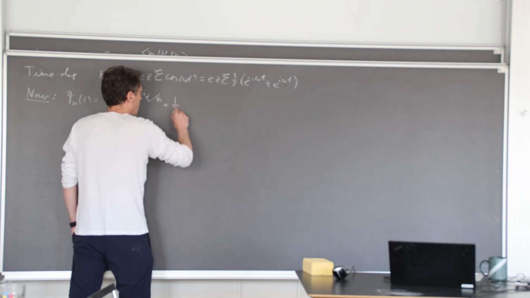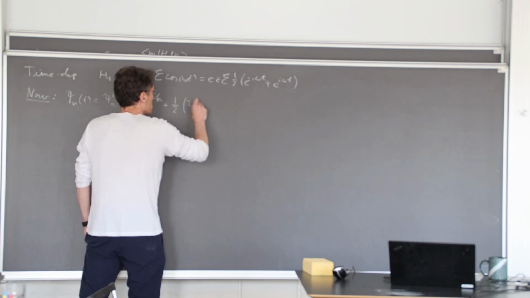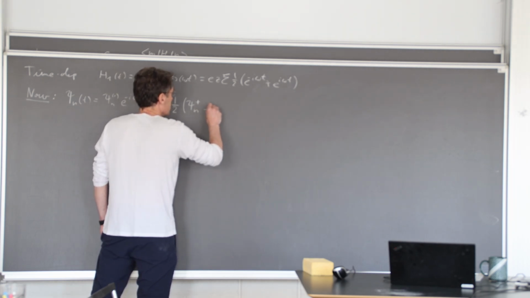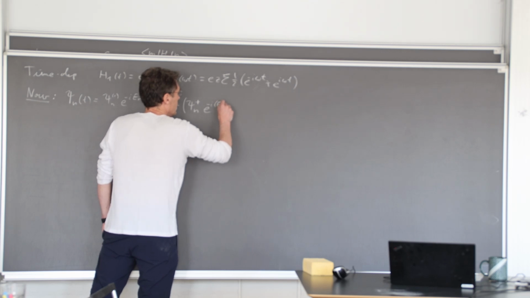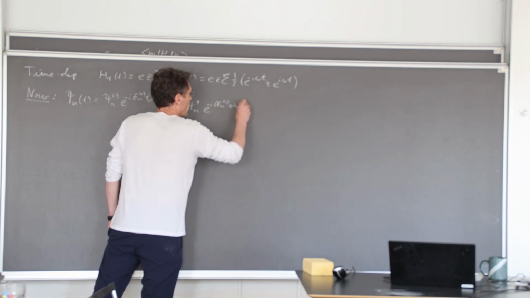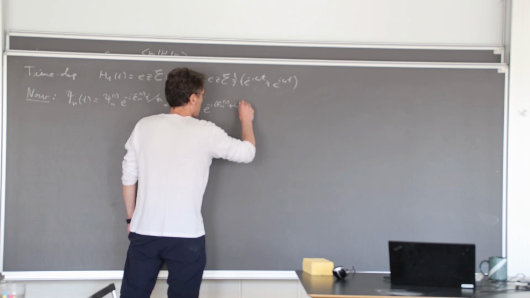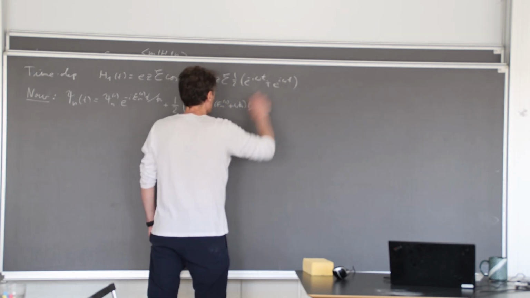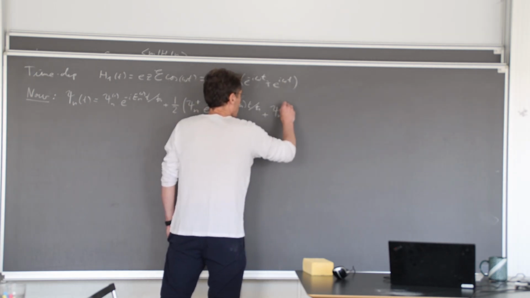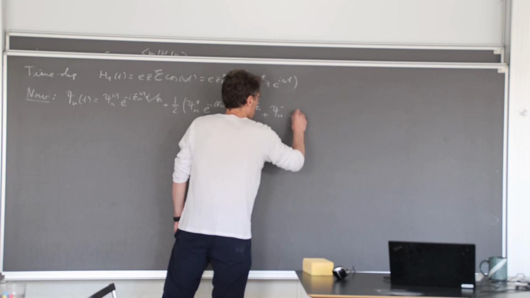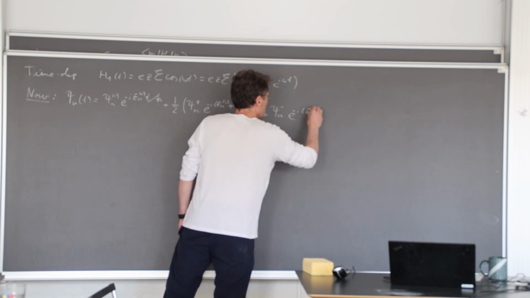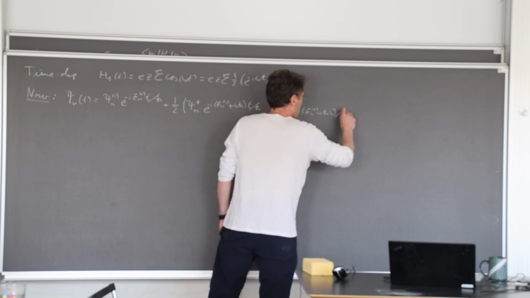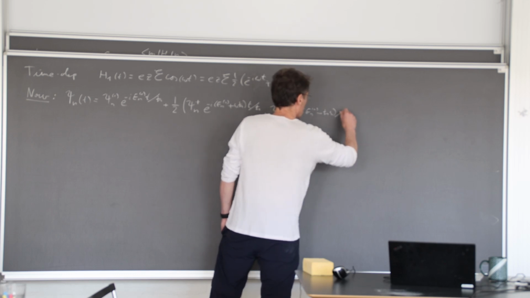So there's going to be 1/2, something I might write as psi n plus, varying as e to the minus i (E n 0 plus h bar omega) t over h bar, and then another term corresponding to that one over here, psi n minus, e to the minus i (E n 0 minus h bar omega) divided by h bar and times t.